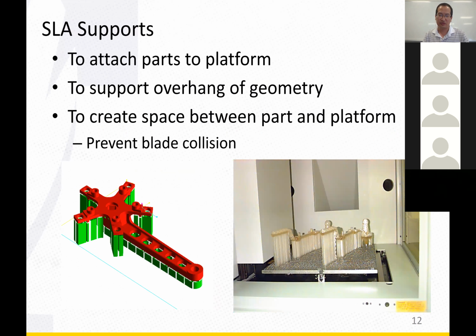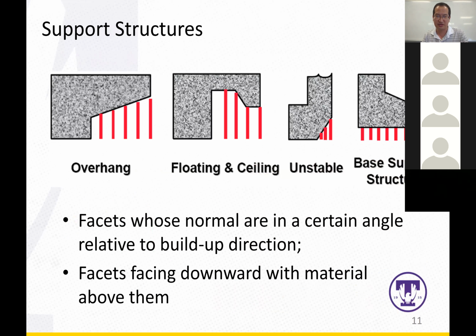So many of them require support material, because some structures are overhanging, floating, unstable, or need a base support, so they require the printing of support material. That's why, before the part could be manufactured using additive manufacturing, the software needs to generate the support structures first.